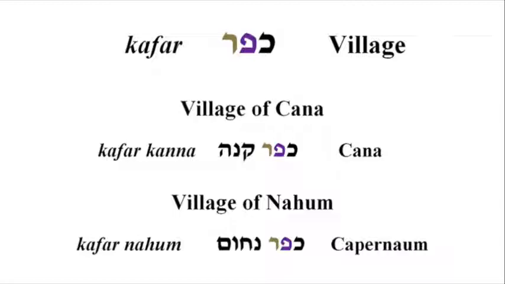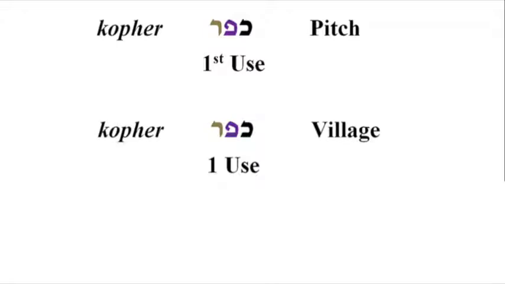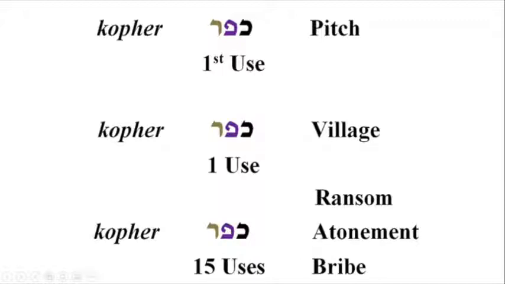Okay, so one time this word kafar means pitch, a covering of black tar around the ark. And one time it's used to mean village. The other 15 uses in the Bible, kafar happens to mean ransom or atonement, okay?